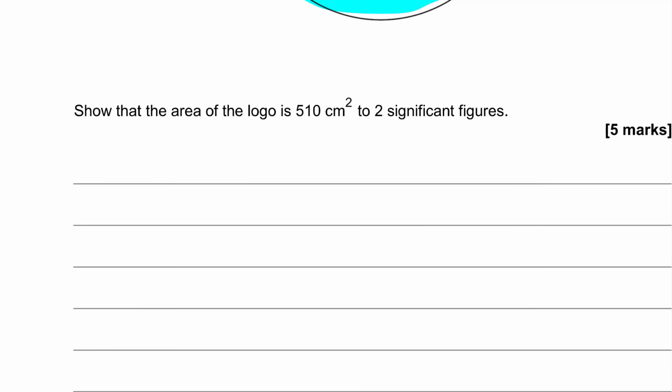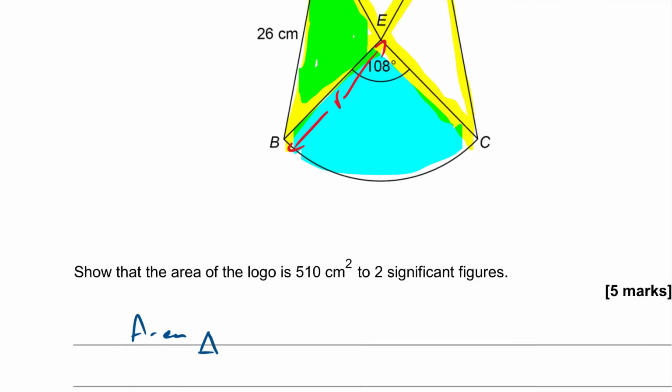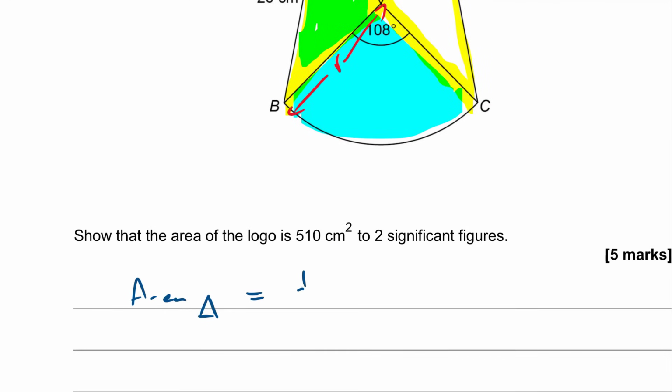So the area of the triangle is going to be half AB sine C. That's our formula for an area of a triangle using trigonometry, which is our two sides and our included angle.